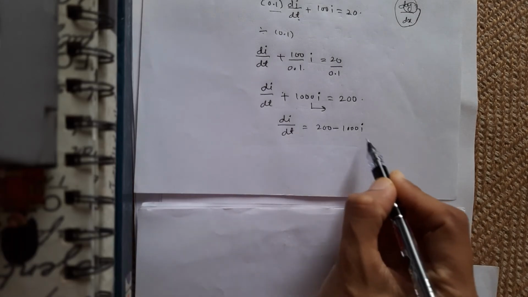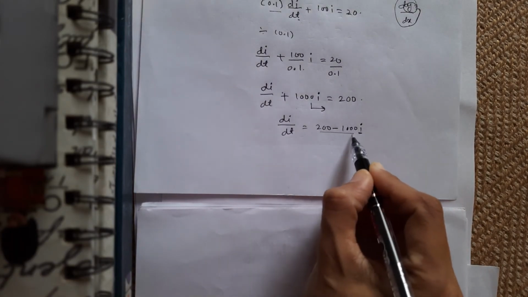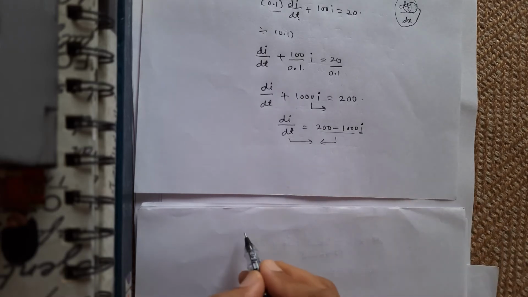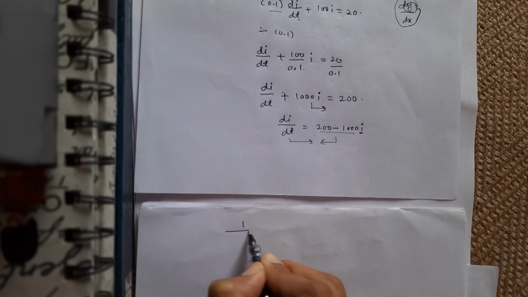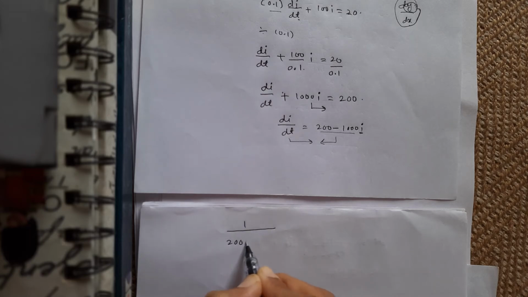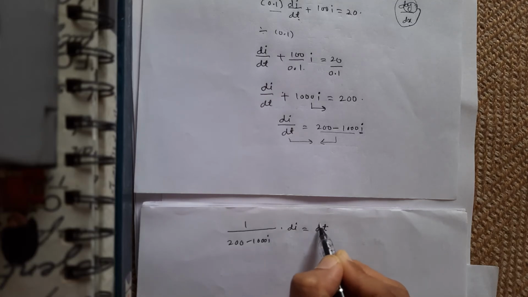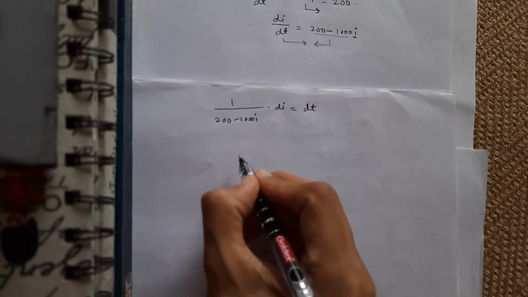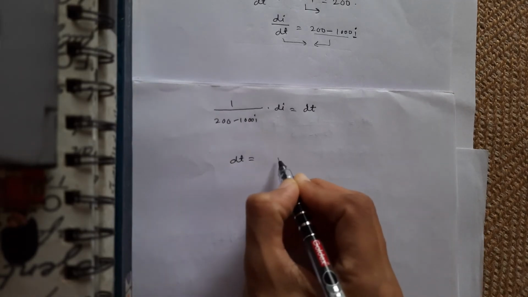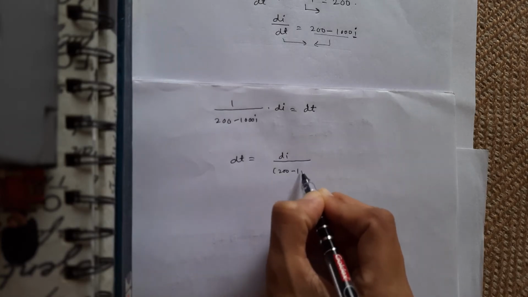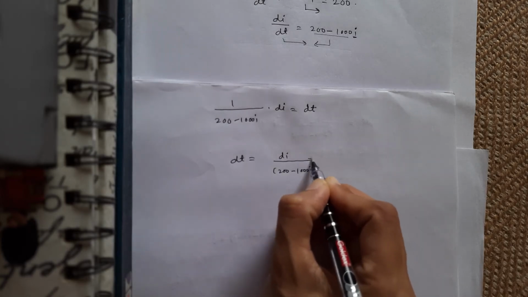Now the term containing I I am shifting to this side, and dt to this side. So I will get 1 upon (200 minus 1000 I) into di equals dt, or dt equals di upon (200 minus 1000 I).